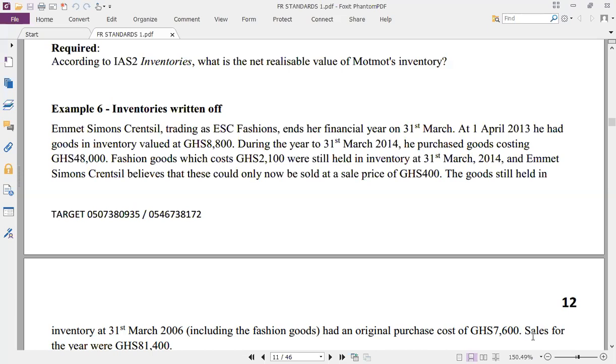It must be measured at the lower of cost and net realisable value. So the cost of the closing inventory is 2,100. But the company believes that this could only be sold at a sale price of 400. So what's the value of the inventory?